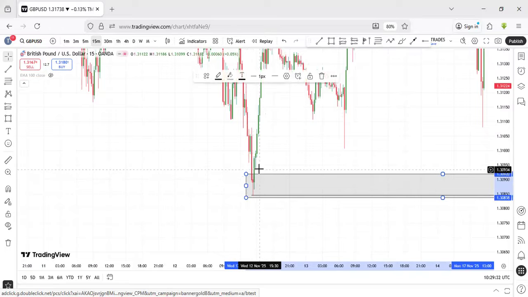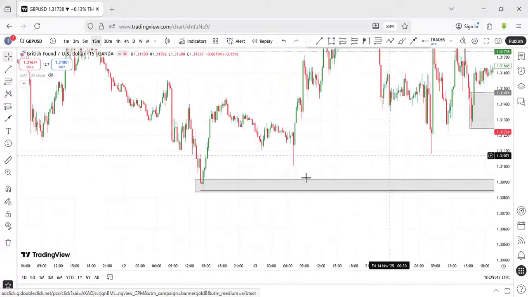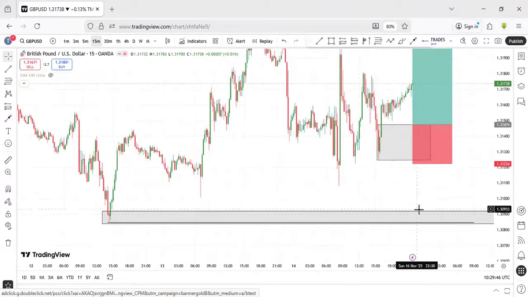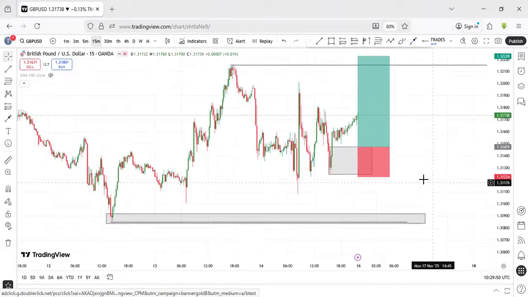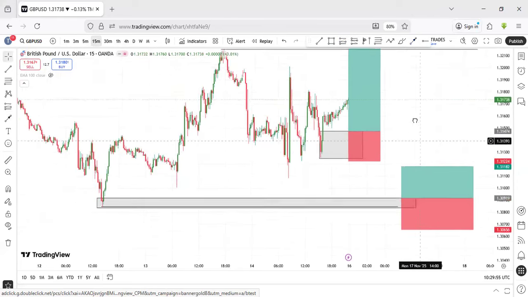Because we have that fair value gap at this particular place. We are still seeing that small fair value gap. So the market could come to take out these lows, this low and this low, before continuation to the upside. So this is my first entry, and this is going to be my second entry for GBP USD.